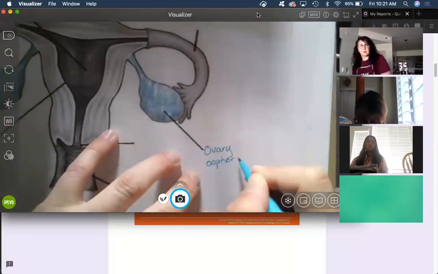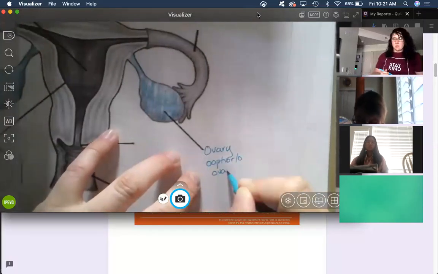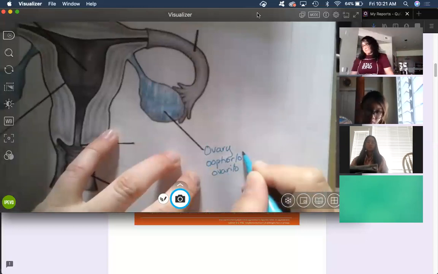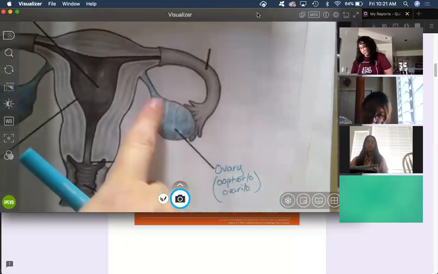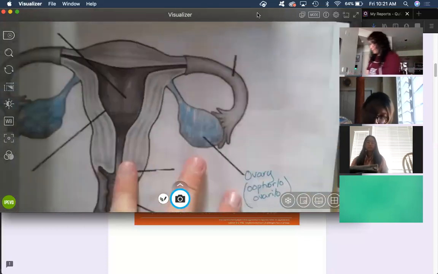Okay, so that's the first part, ovaries. The ovaries have basically these stalks that attach them, so they're not just floating. We're not going to learn a name for those, but just realize that they're not just floating in the pelvic cavity.